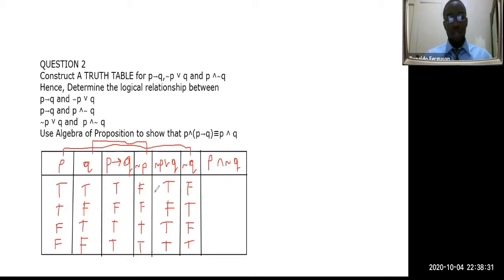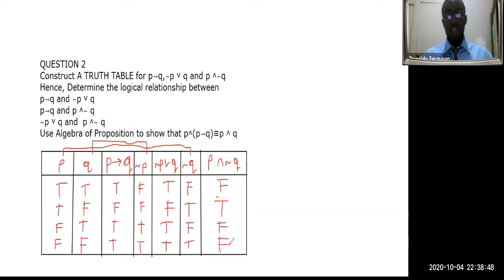And so true and false is false. True and true is true. Then false and false is false. Then false and true is false.